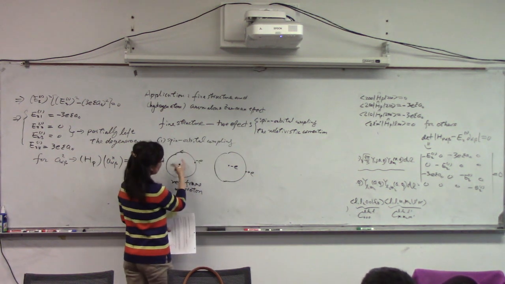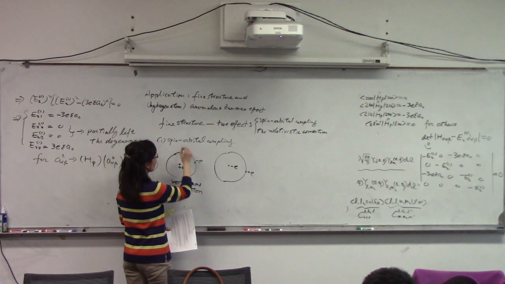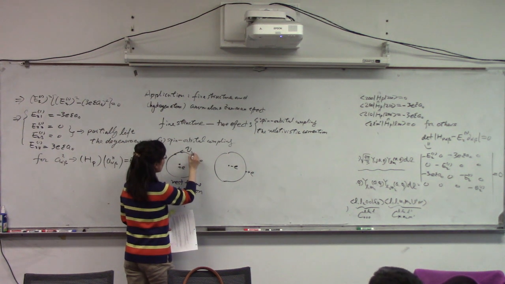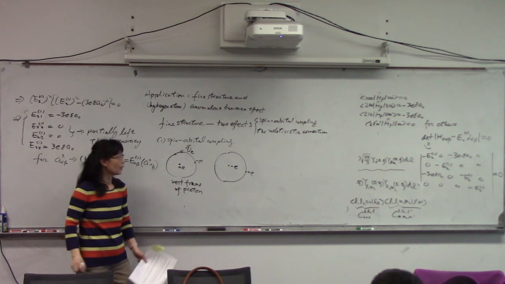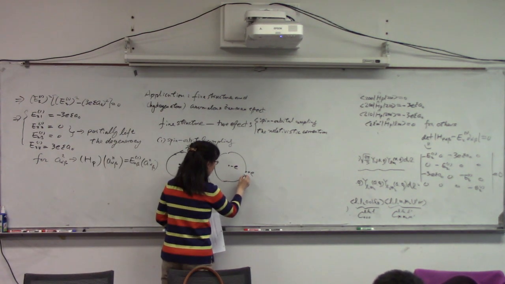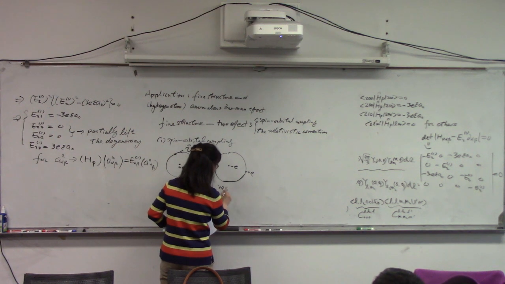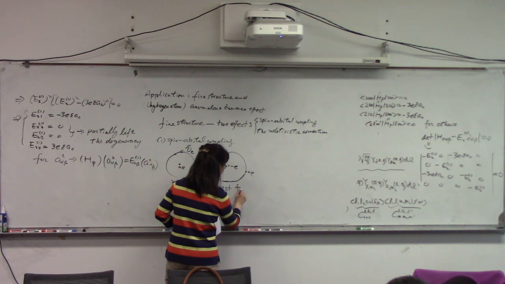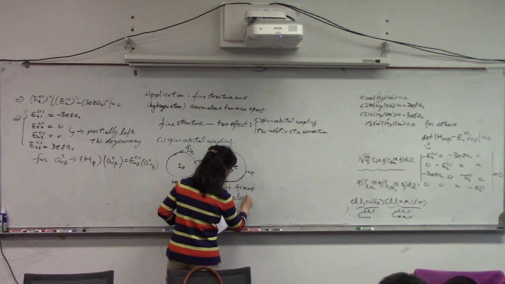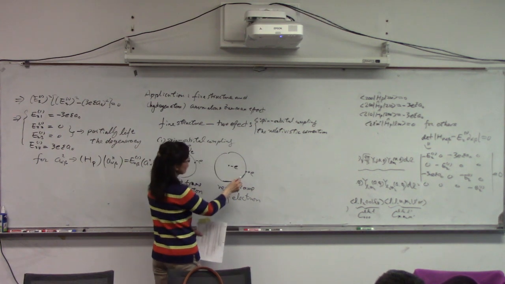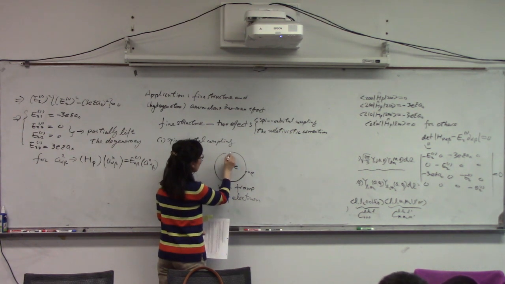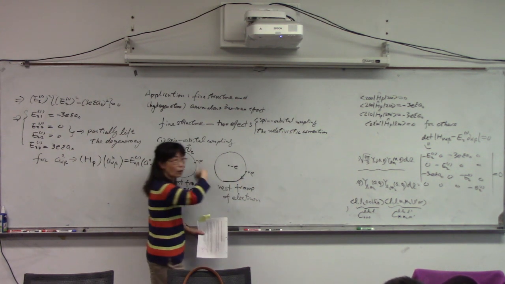Suppose this electron moves counterclockwise, with velocity V. Then in the rest frame of the electron, what we find is the proton moves around, and that direction is clockwise, right?